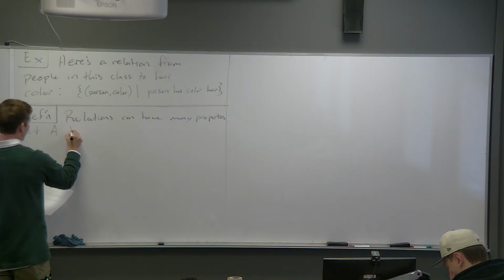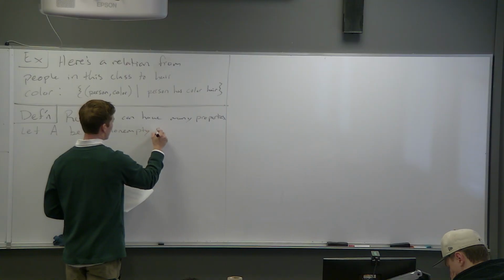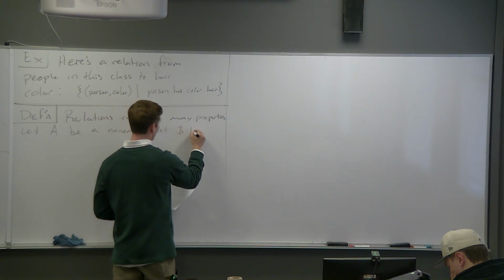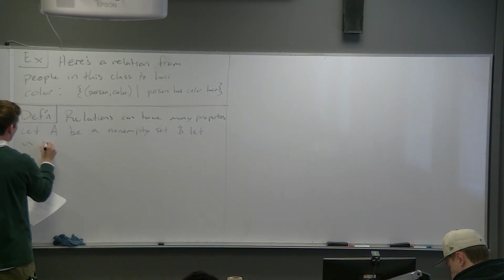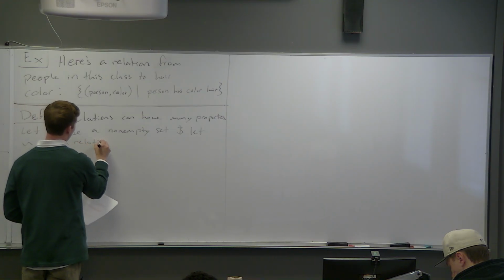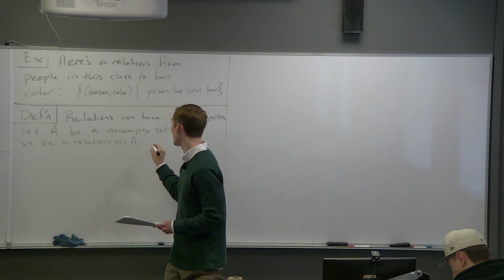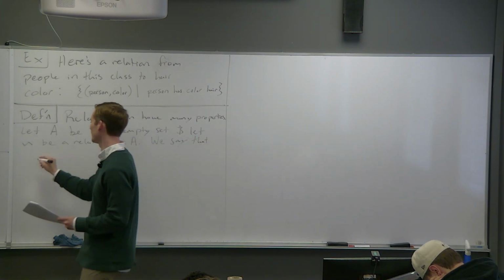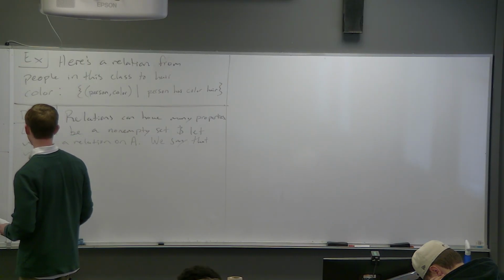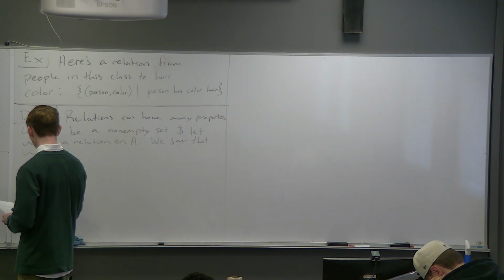So we'll let A be a non-empty set, and I'll write a little tilde, be a relation on A. We say that tilde is, and now here's a bunch of different possibilities. You could have more than one of these, many of these.